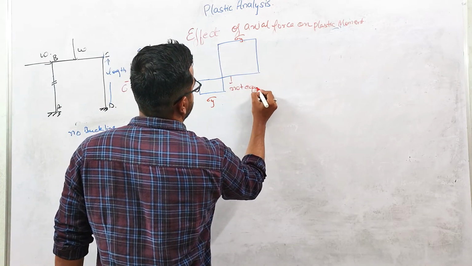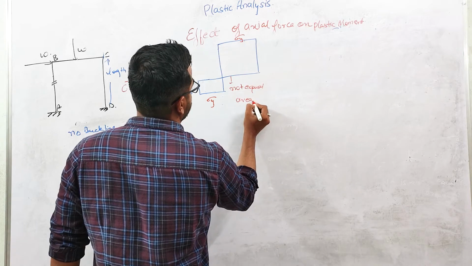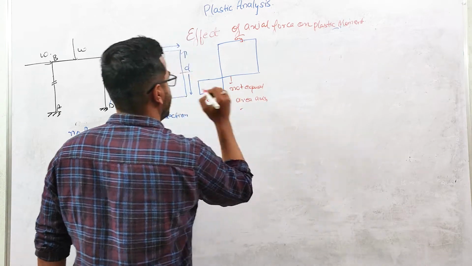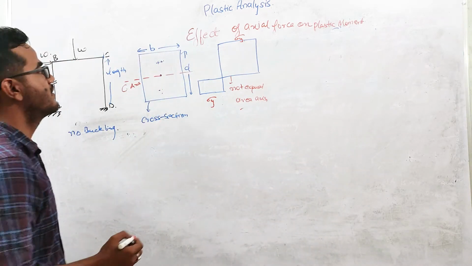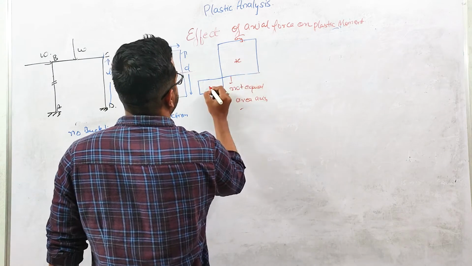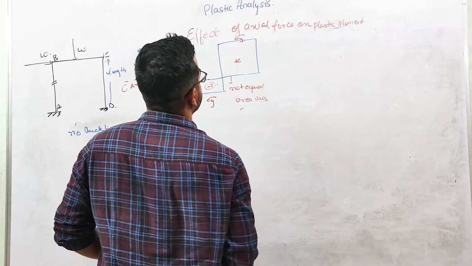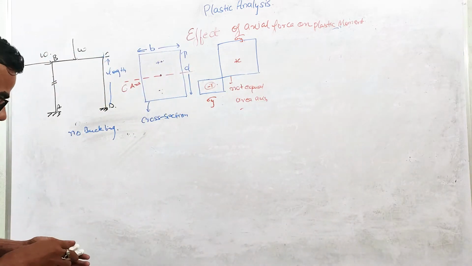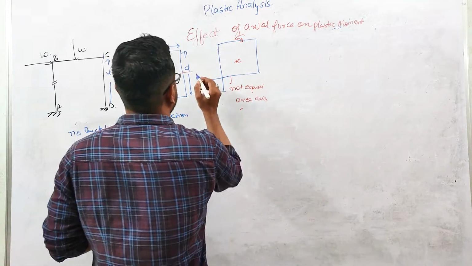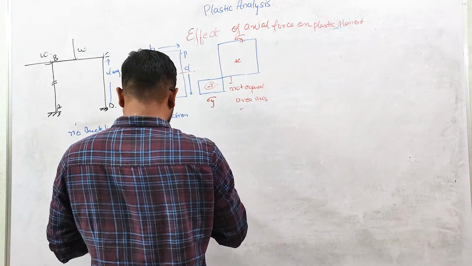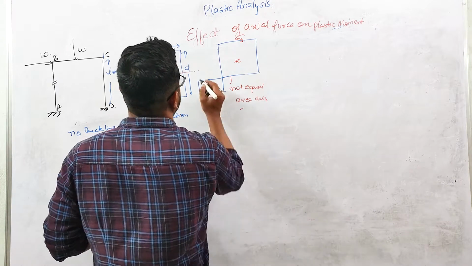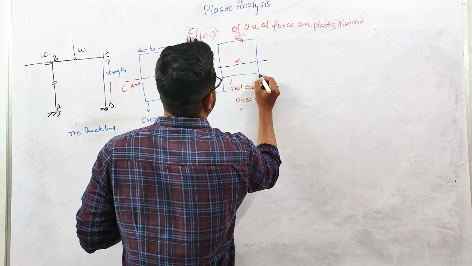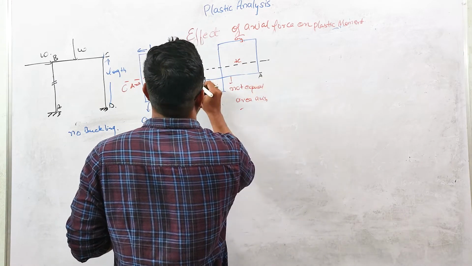Remember that thing. Here this is compression and here this is tension, and this is our centroidal axis, and this is neutral axis.